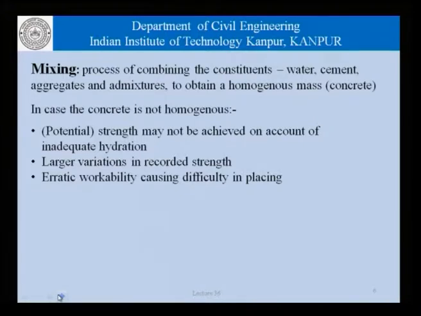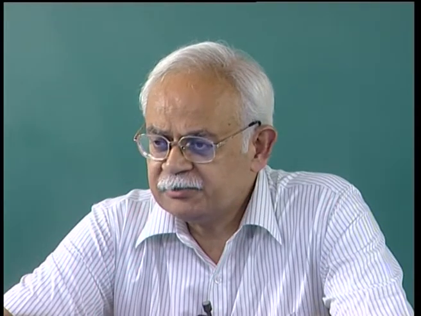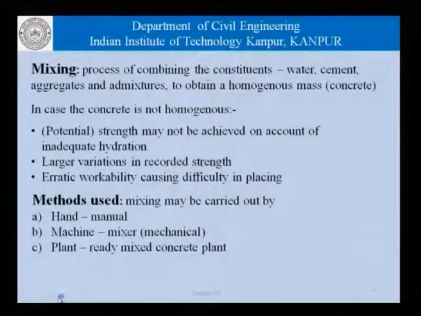Now, how can the concrete be mixed? It can be mixed by hand, which is manual, or in a mixer, which is basically a machine, or sometimes in a plant. The difference between the concrete mixed in a mixer and the plant, the way I intend it, is the following.